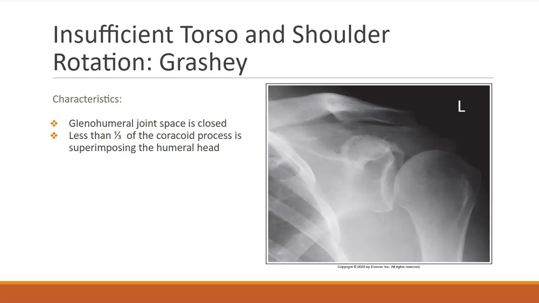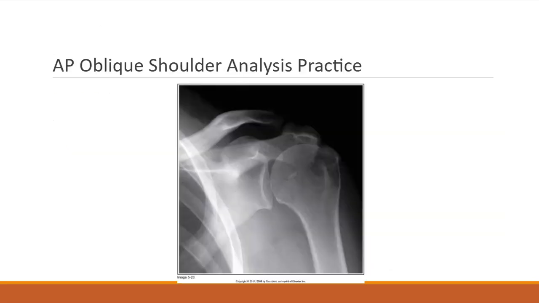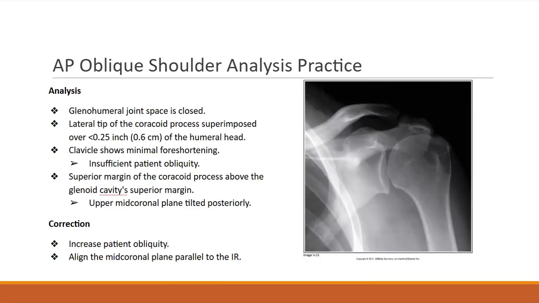Excessive and insufficient torso and shoulder rotation can lead to improper visualization of the joint, therefore requiring a repeat radiograph. Go ahead and analyze this AP projection of the Grashey method and answer the following question.